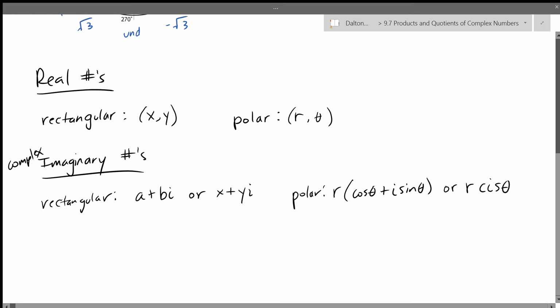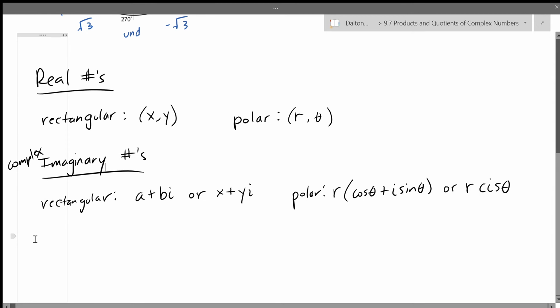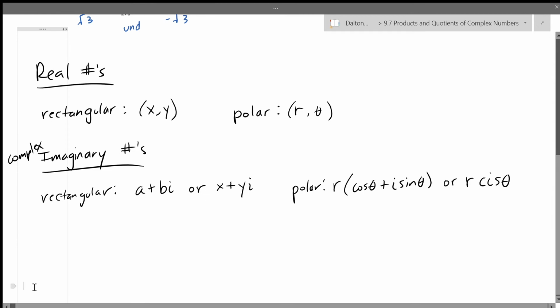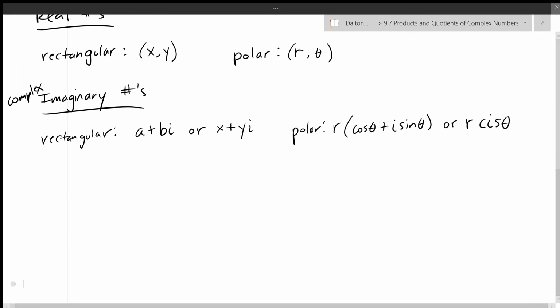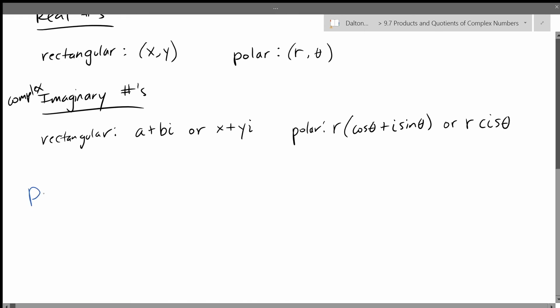Okay, so what this section specifically is talking about is if we were to multiply and divide complex numbers that are in polar form. So if we're multiplying, then that's talking about the product.